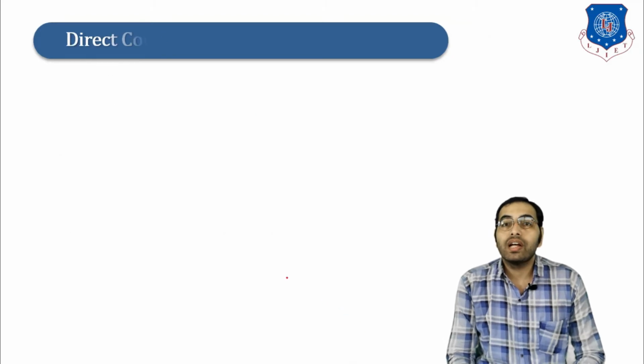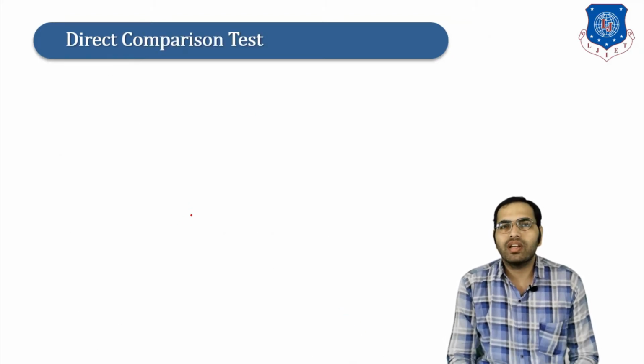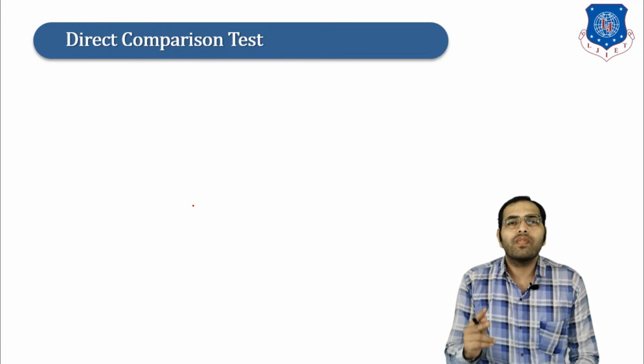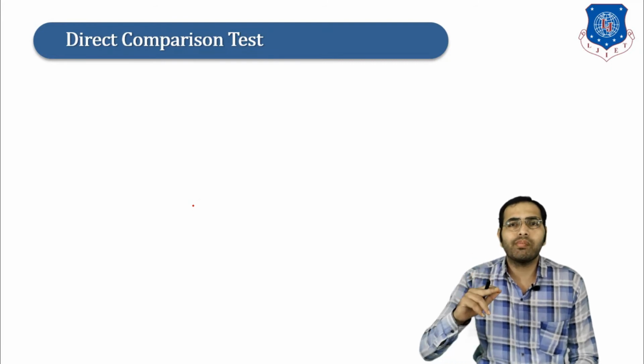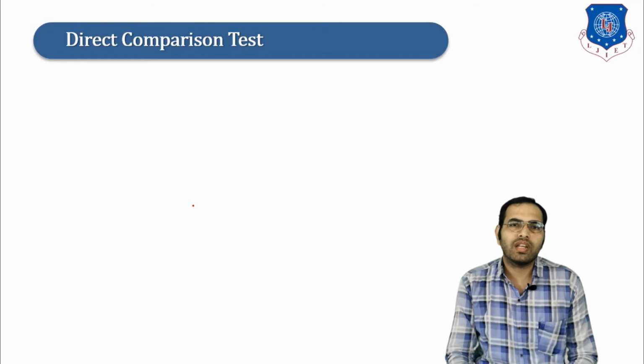Let's see the next topic, which is the direct comparison test. Already we discussed that we have two comparison tests in total, the direct comparison test and the limit comparison test. Firstly, we discuss the direct comparison test.